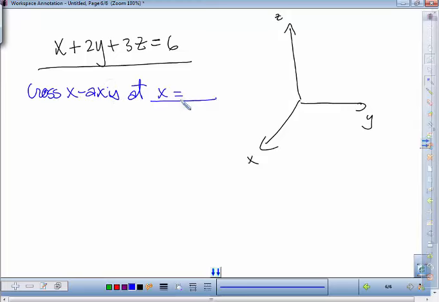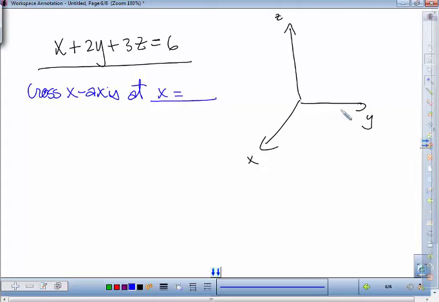Now, if I want to figure out where this is going to cross the x-axis, I'm looking for a point somewhere here along the x-axis. What can you say about the y and the z of this? 0.